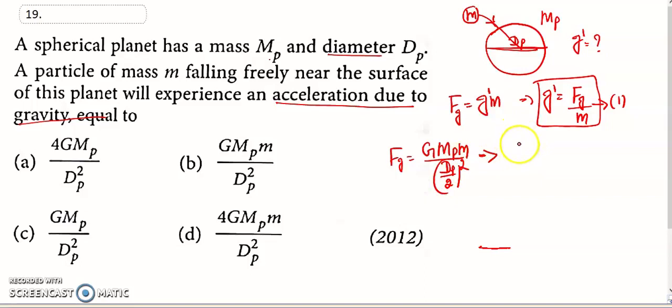So that is 2 square, 4, so 4 G mp m divided by dp square.